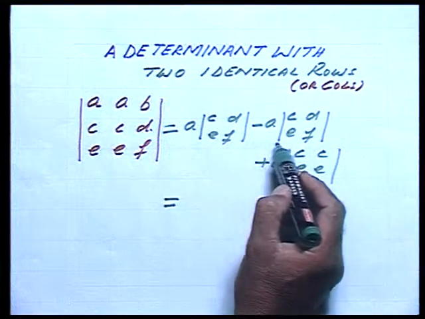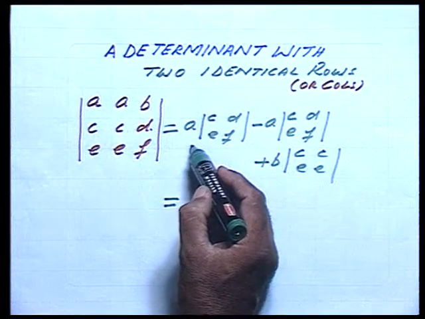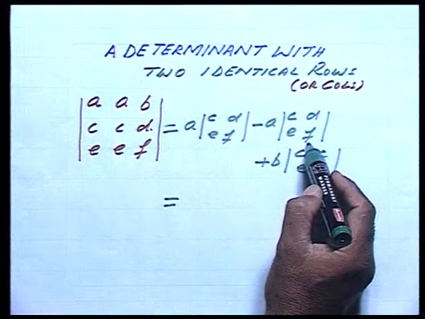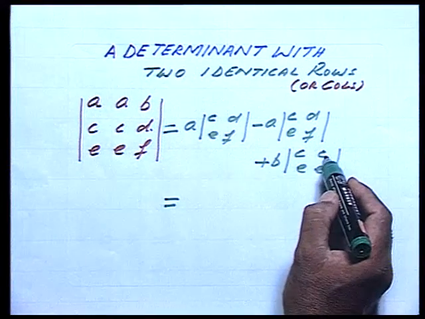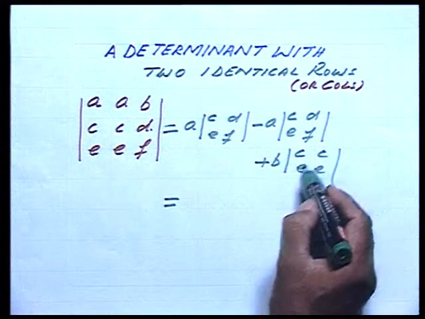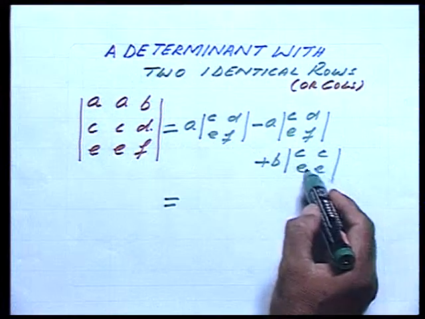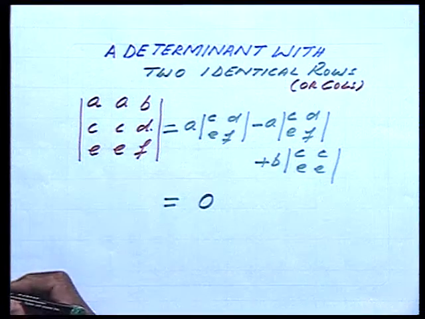We do not have to bother to find the value or to work it out, because we find that this is the same value subtracted from the same value. And what of this, c e minus c e, or e c? This is the same thing, 0. So, that means the answer here is coming out to be 0.